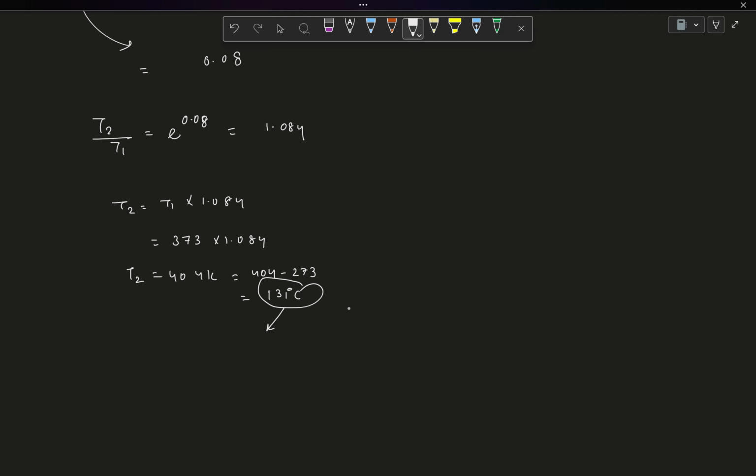It will get vaporized. The temperature during vaporization remains constant. Then only the phase changes. The temperature remains constant, the phase changes by the latent heat L, and the temperature remains at 131 degree centigrade. You can see that this is greater than 100 degree centigrade, the usual boiling point of water. But inside a pressure cooker, the water is vaporized at a higher temperature than usual.